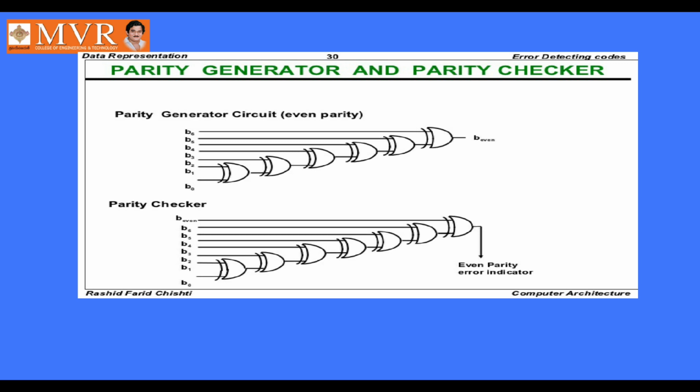Not only the parity generator, we also discussed a circuit with a parity checker. After generating a parity, whether even or odd, that is considered as one of the inputs along with the original input value, and then the parity checker is generated.